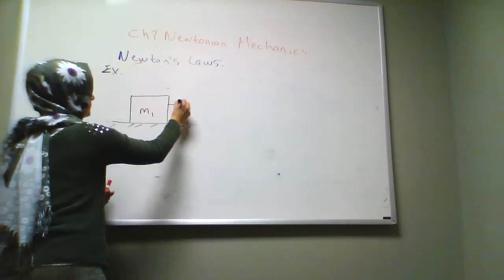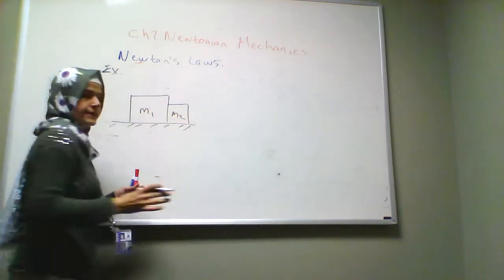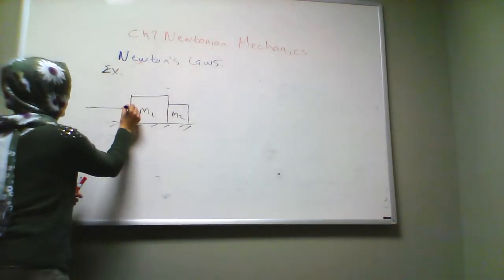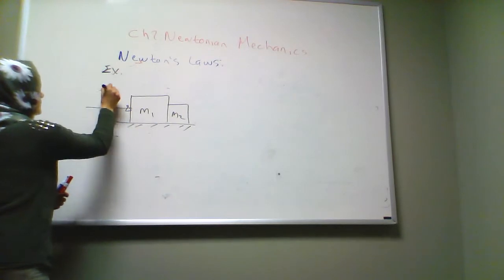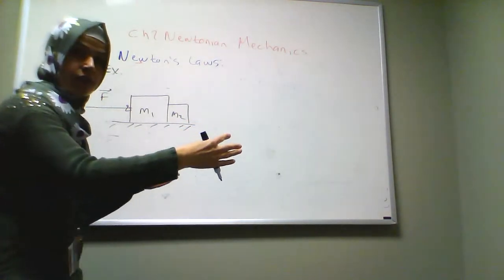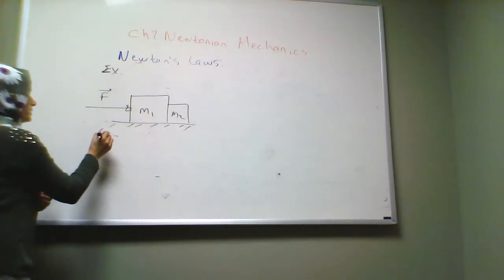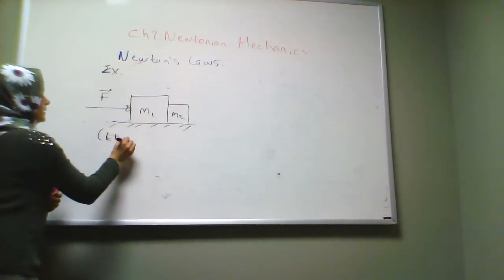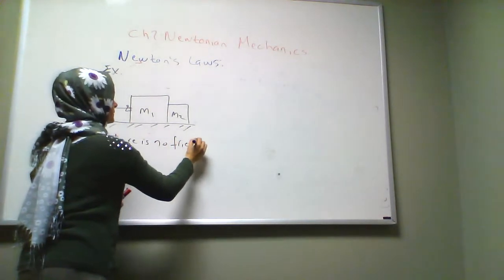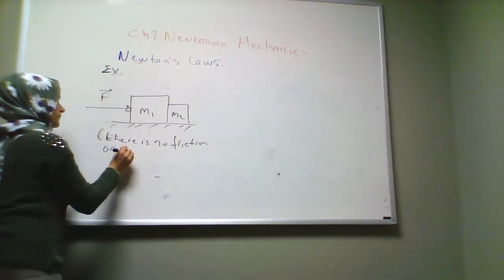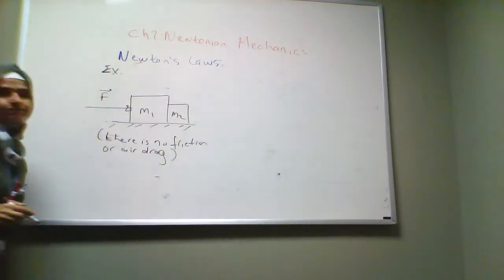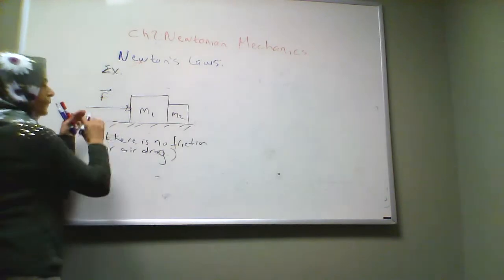M1, M2, two masses are touching each other, and we're pushing these masses with a force F vector. This system will be moving to the right. It's obvious. Assume friction is 0, so there is no friction. We'll get to friction later. Or air drag. So motion is to the right.